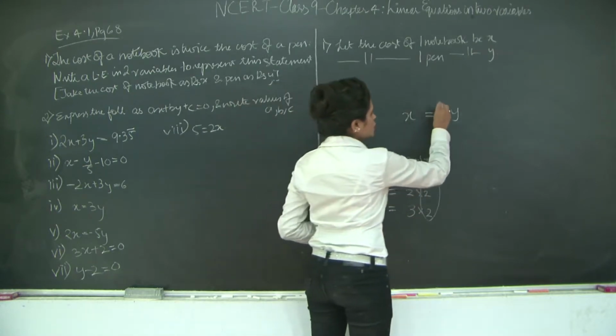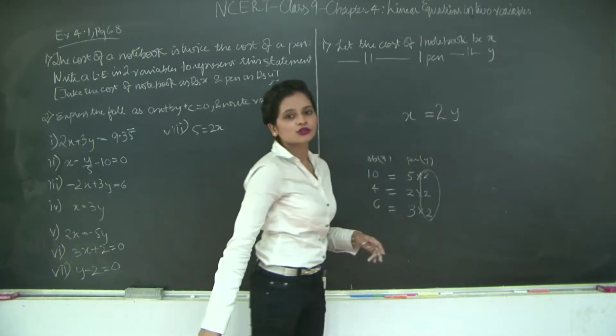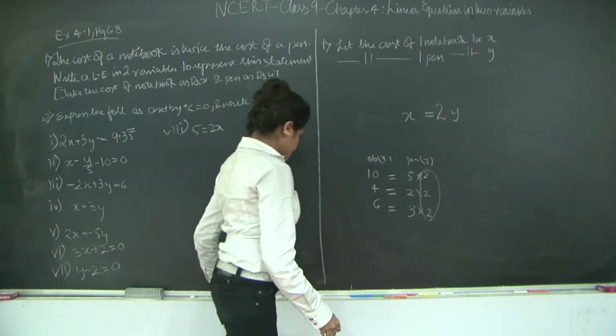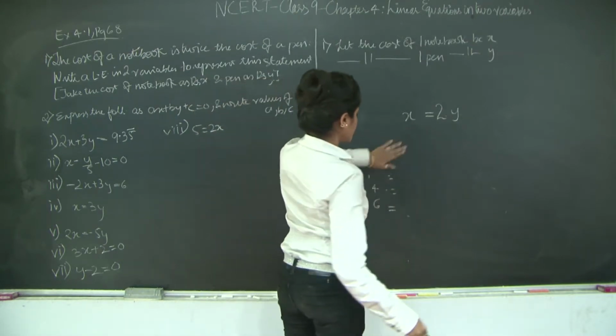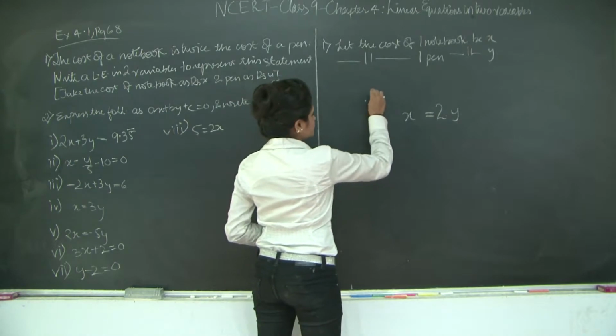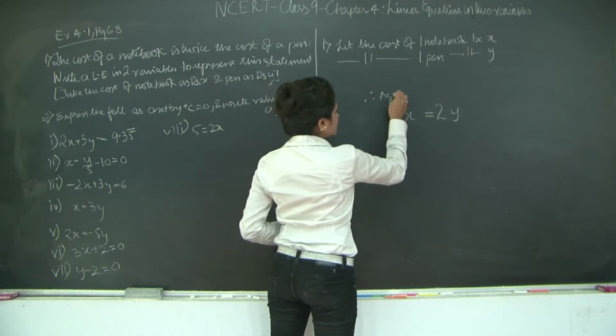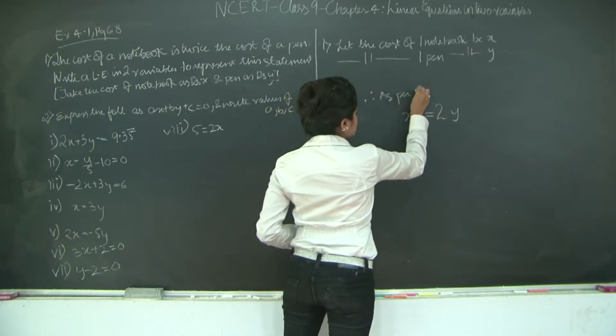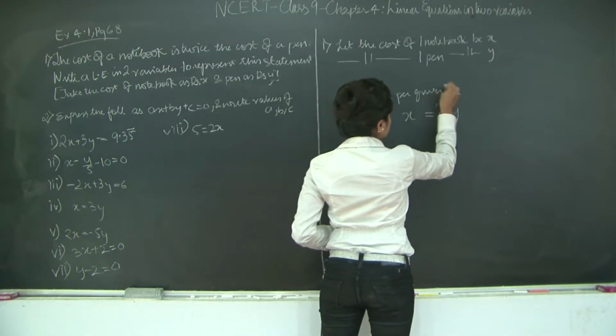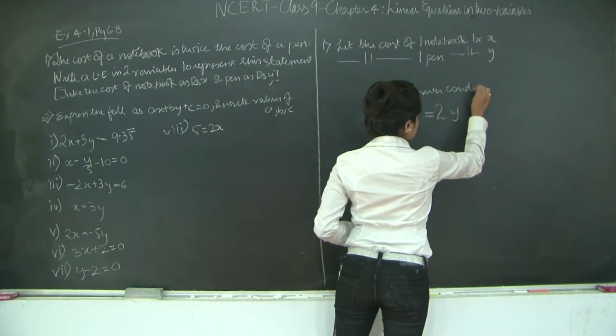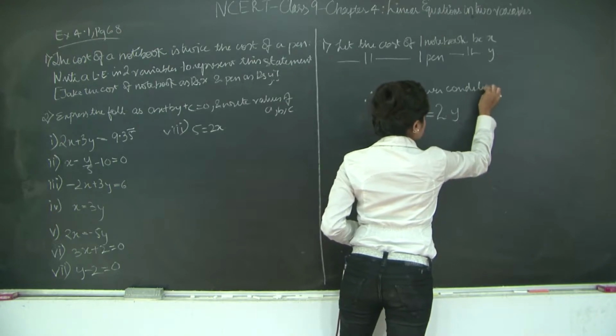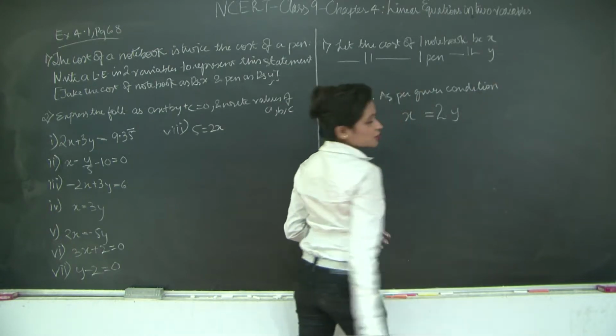So therefore, how are we going to balance it? I am going to say X is equal to 2Y. So this just does not end as a sum over here. Therefore, as per given condition, X is equal to 2Y.